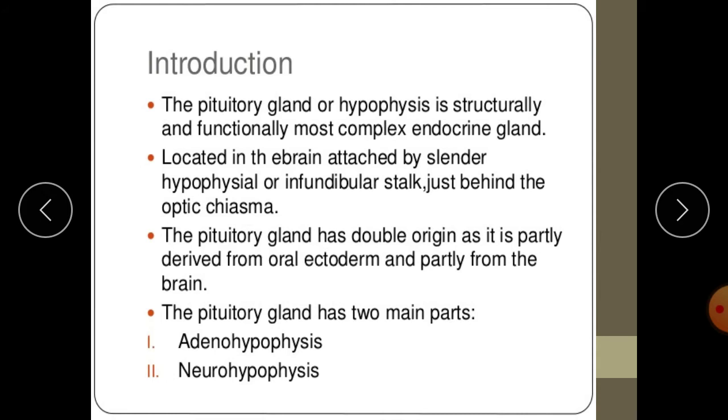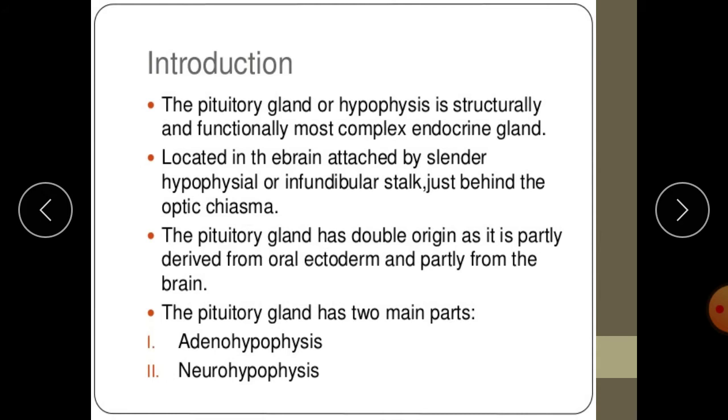Partly from the oral ectoderm means the roof of our oral cavity, the buccal cavity, is involved in the formation of the pituitary gland. A little part is from the oral ectoderm, and another part of the pituitary gland is from the brain.